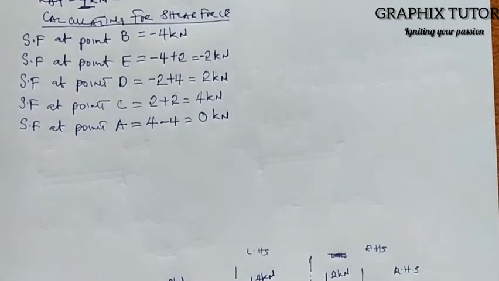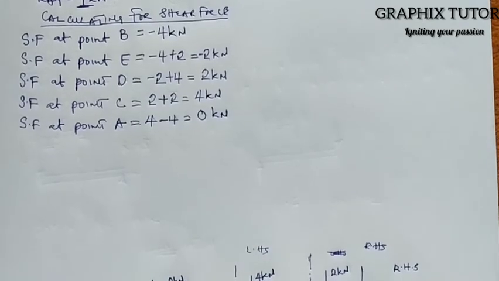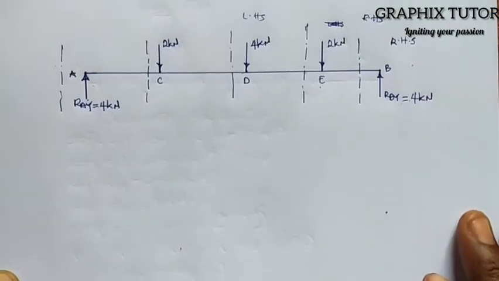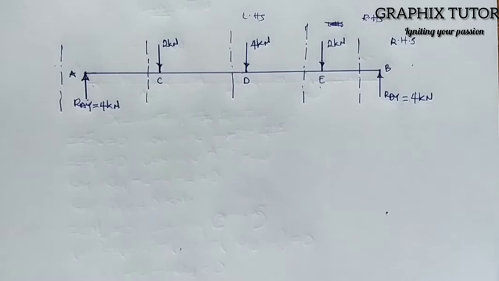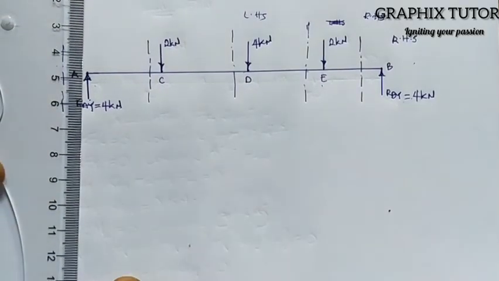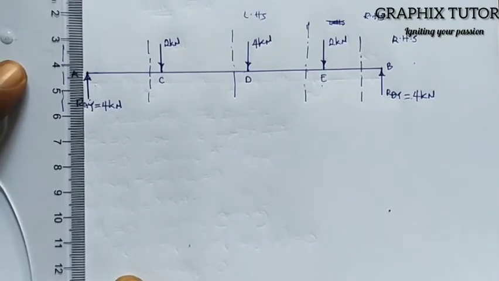So now is how we draw our shear force diagram. For you to draw a shear force diagram, at every point you draw a straight line. At point A, you draw a line this way.